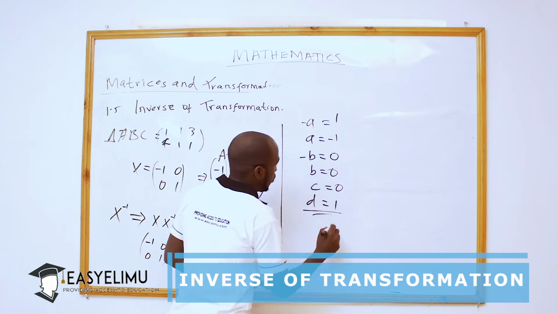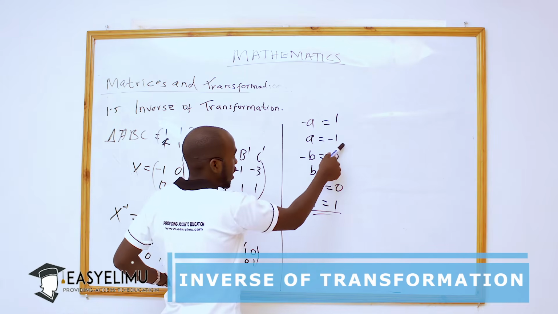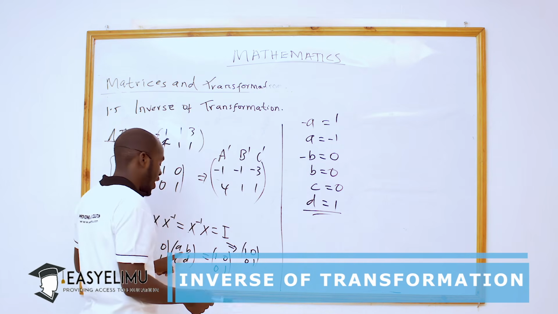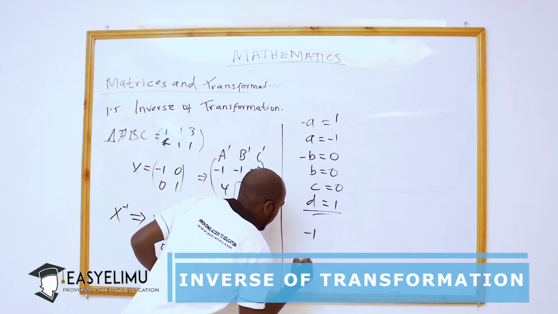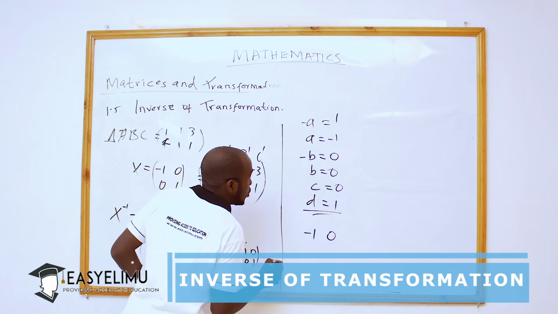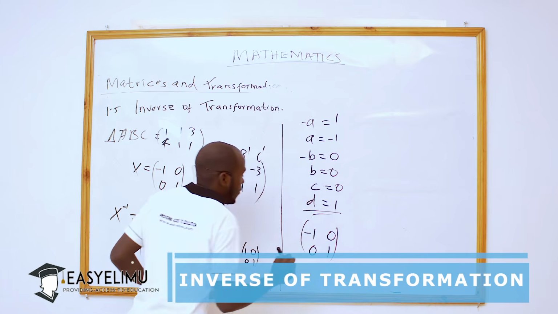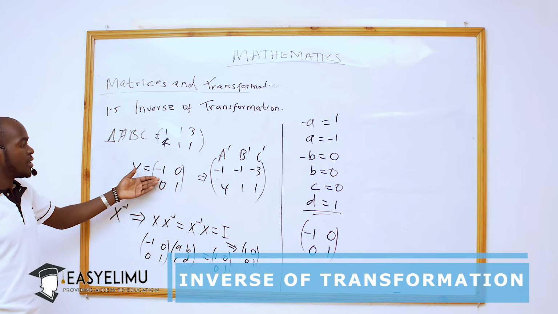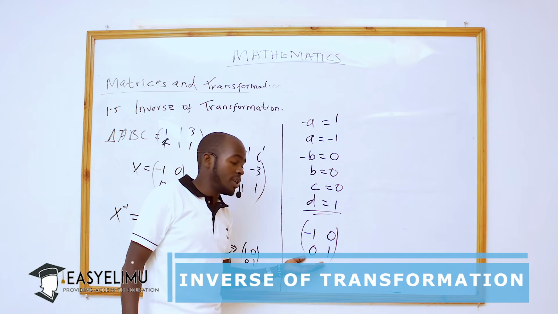Now we can say that we have found our a, b, c, d to be a equals negative 1, b equals 0, c equals 0, d equals 1. Now we can replace, in place of a, we put negative 1, b we put 0, c we put 0, and d is 1. We find that the inverse of this matrix here, negative 1, 0, 0, 1, is giving us the same as itself.